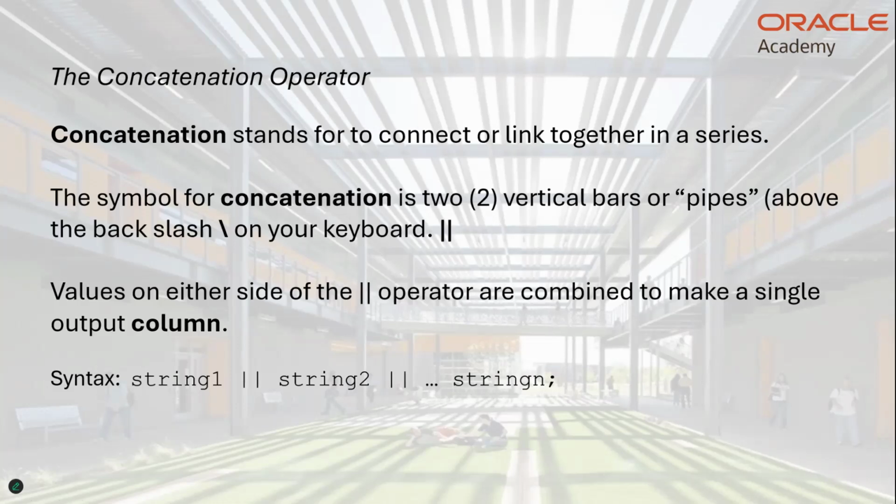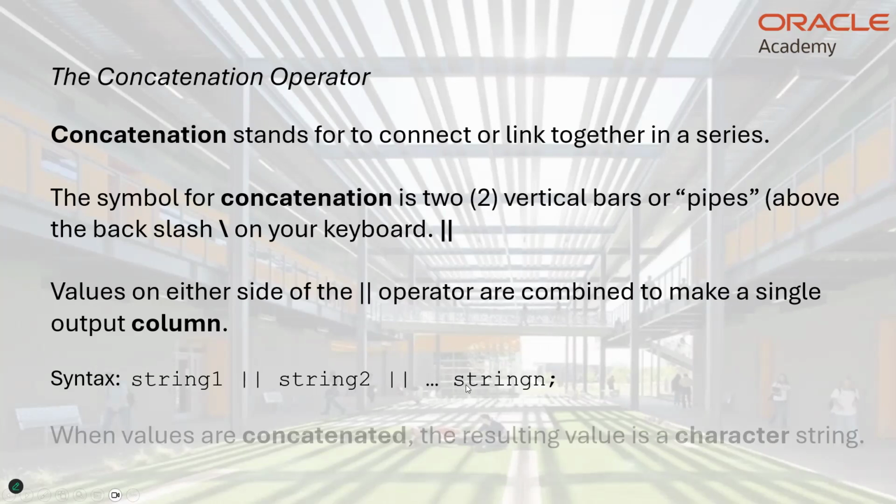You could think of this as a variable, or it could be a literal as well, which means it will be enclosed in quotes. And so first string, the double pipe, I added a little space there. Basically, the double pipe, or the double vertical bar, should be together. And basically, you're adding these strings to each other.